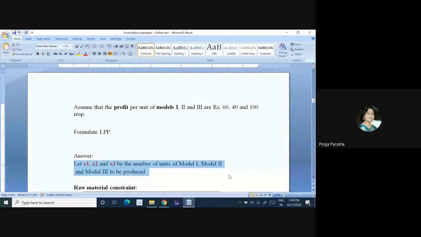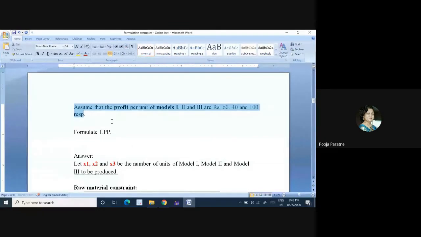This is a very important thing, that you should identify these variables first, because unless you define the variables, we cannot go to the constraints. We should know what the variables are. So here we have defined the variables. This is the first part. We have defined this from this line.